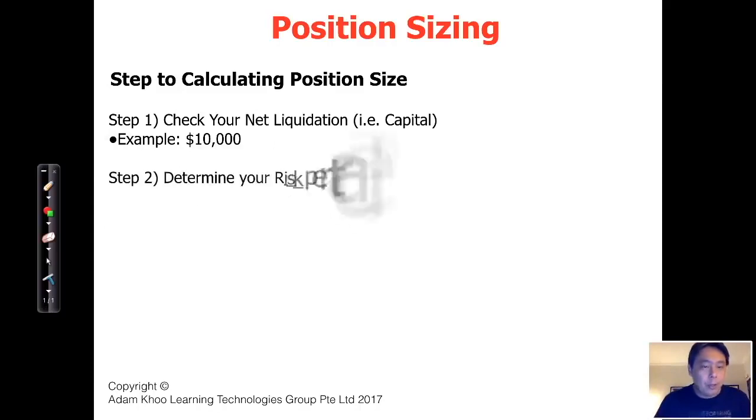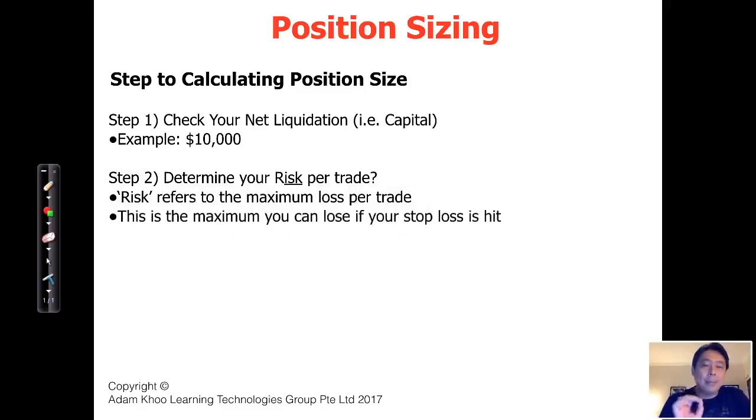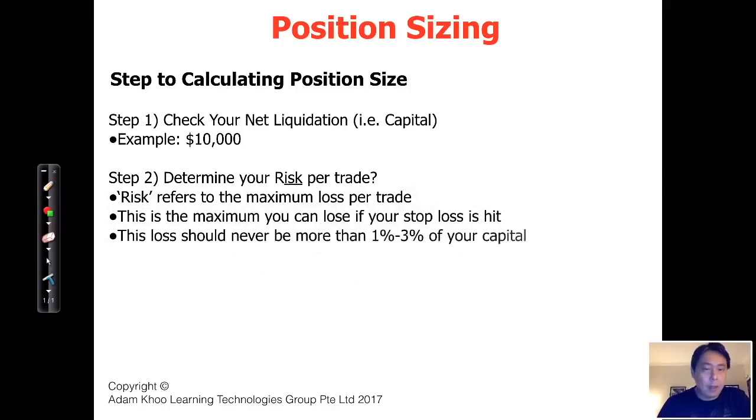Step two is you must determine your risk per trade. Risk refers to the maximum loss that you're willing to take for every trade you put in. This is the maximum you can lose if your stop loss is hit. Very importantly, this loss should never be more than 1% to a maximum of 3% of your net liquidation.